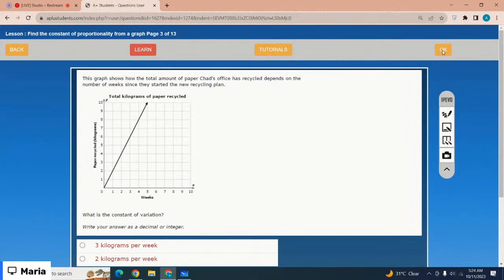Okay, this graph shows how the total number of papers Shed's office has recycled depends on the number of weeks since they started the new recycling plan. What is the constant of variation? So which is the correct option?